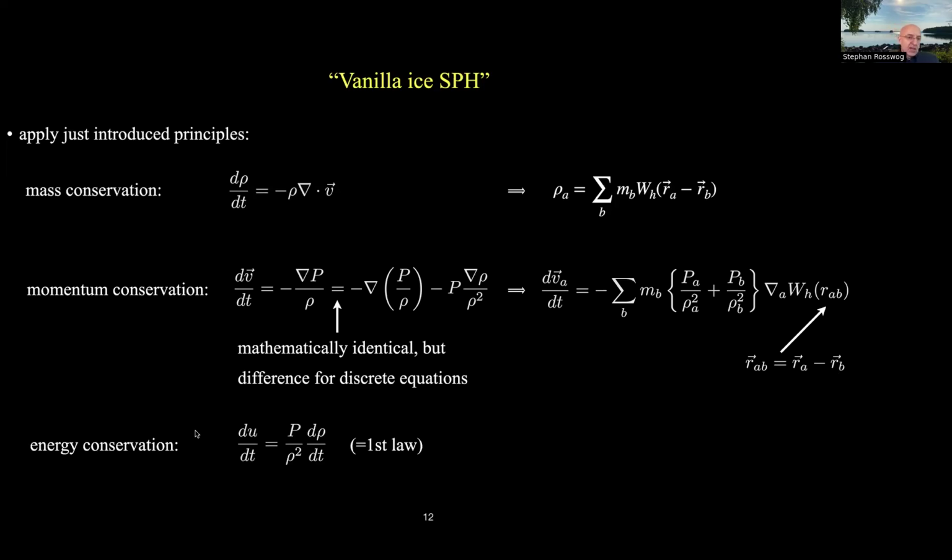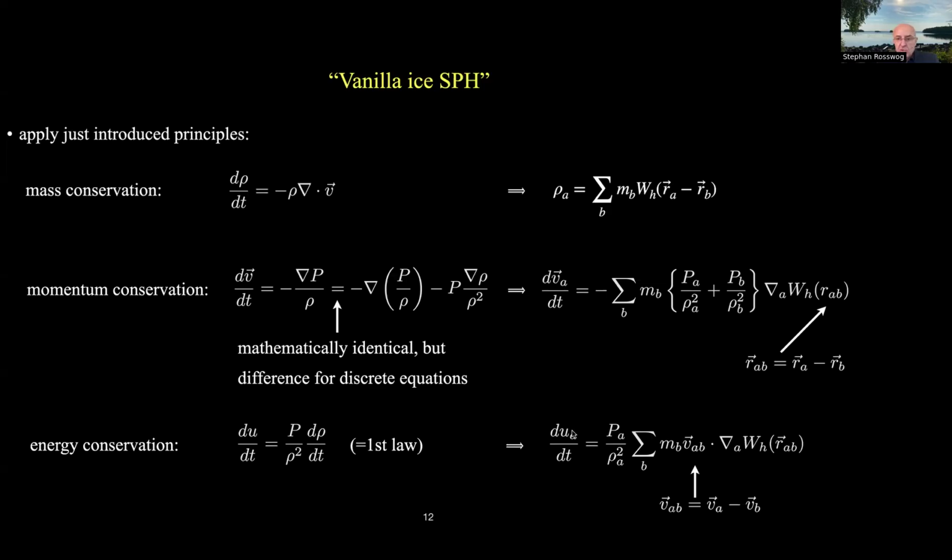Now you can do the energy equation. Just to keep in mind, this is essentially the first law of thermodynamics written on a per mass basis, assuming that you don't produce entropy. So if we talk about ideal gas dynamics, this is the thing we start from. You can also straightforwardly discretize this, and then you find a similar equation.